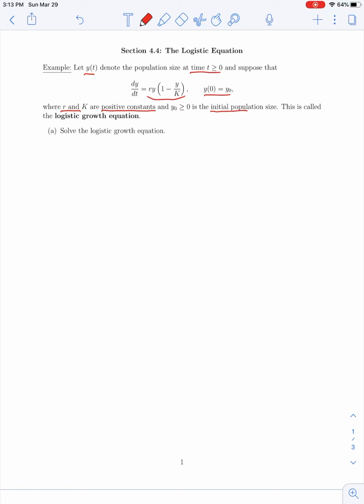And we have some initial condition, y of 0 is equal to y naught, which is some non-negative value representing our initial population size. So this differential equation, which is representing population growth, is what is called the logistic growth equation, and it's a little more realistic than the exponential growth model.